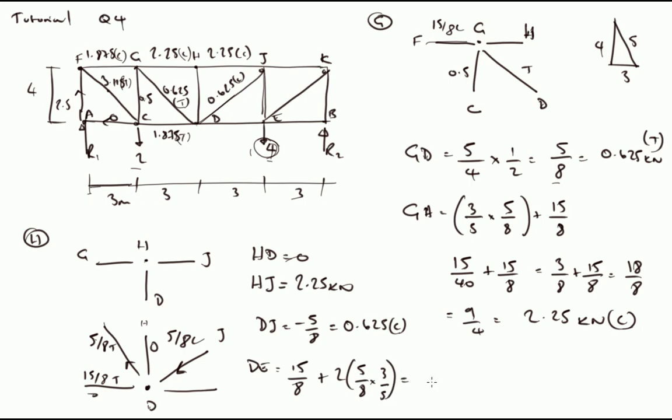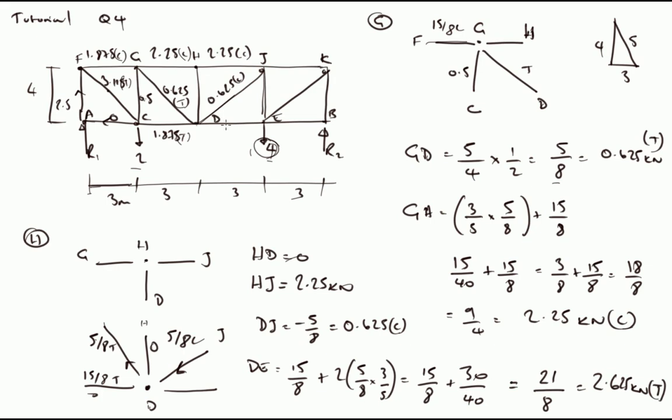Okay, which is 15/8 plus 3/4, 30/40, which is the same as 3/4. So 15/8 plus 3/4 equals 21/8, which is equal to 2.625 kilonewtons, and that will be in tension, which again, yeah, no, that's right, that's in tension.